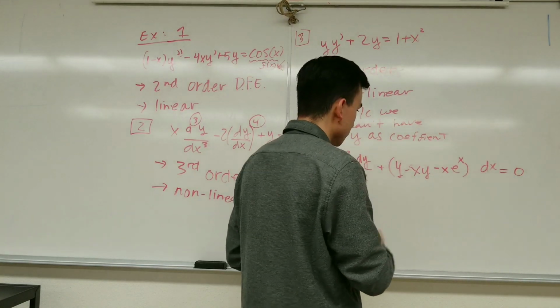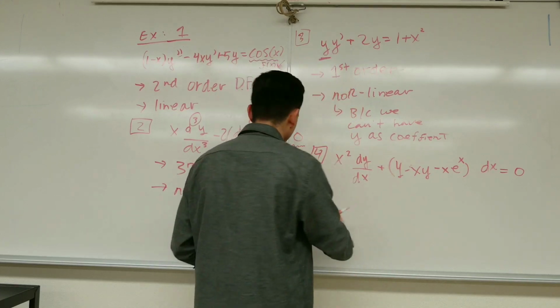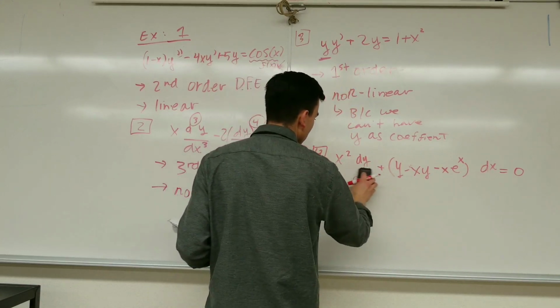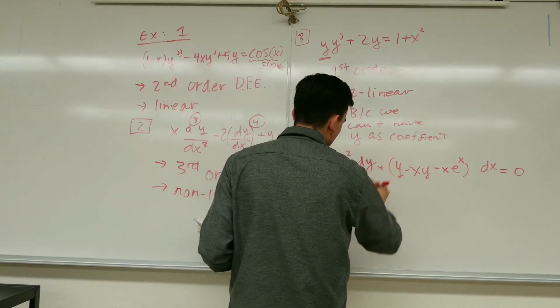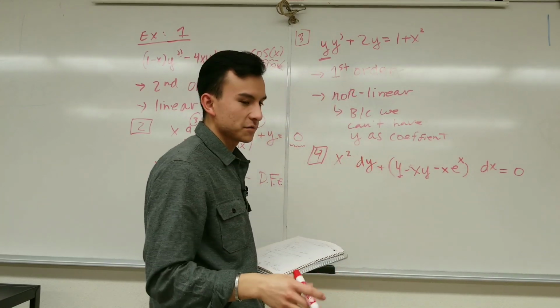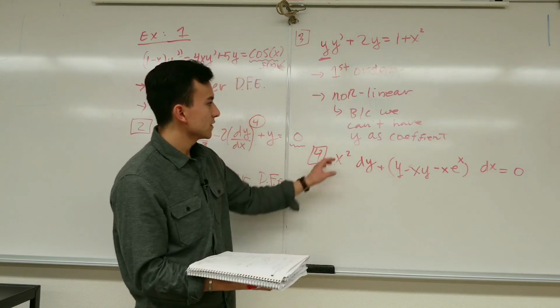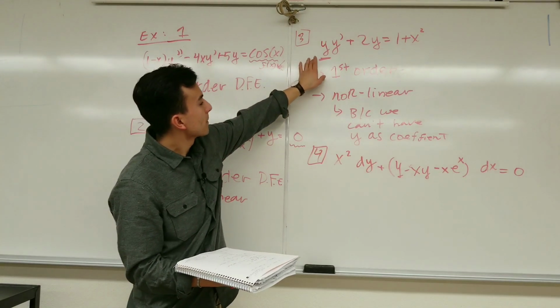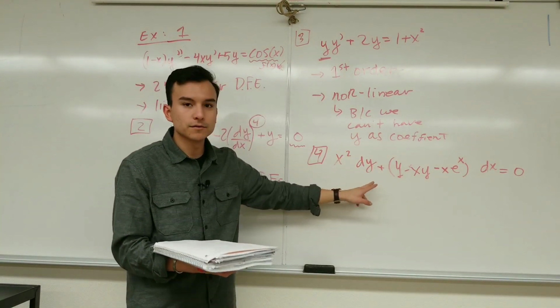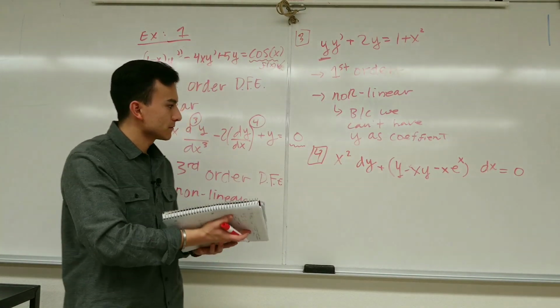Okay, so without me trying to spoil the answer, you can see that this equation looks a lot different than this one because it doesn't have its derivative clearly seen in the equation.